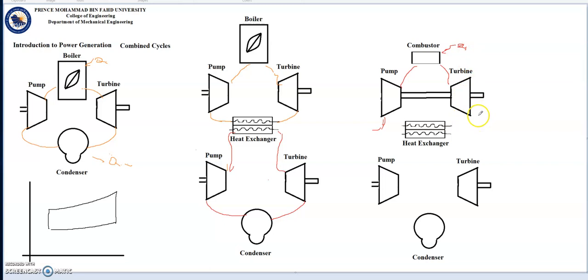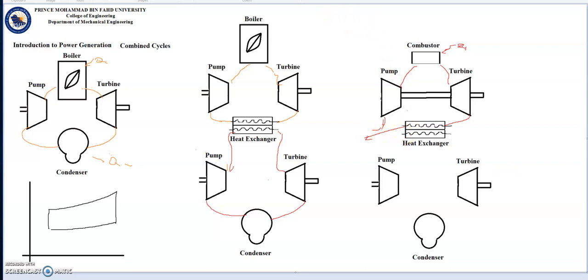And now instead of throwing away the exhaust gases, which have high temperature, we pass the exhaust gases to the heat exchanger and then release them in the atmosphere.